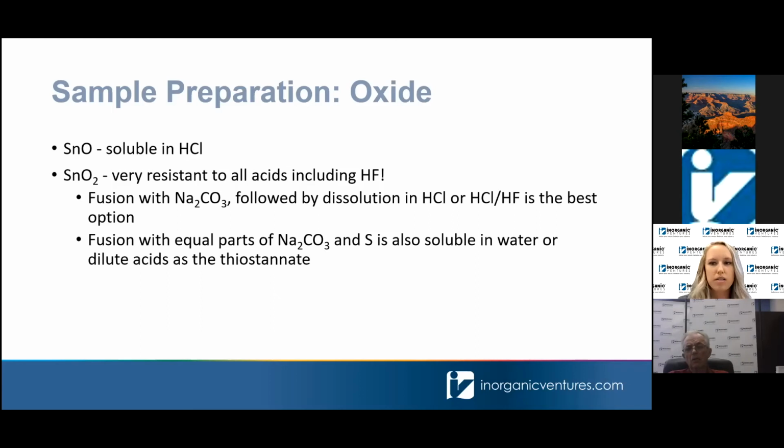And as Paul spoke about previously, not a lot of HF is needed, just a little bit to keep that tin in solution. Another fusion option is sodium carbonate and sulfur. Equal parts of both of those is going to form the soluble thiostannate in either just water or dilute acid.